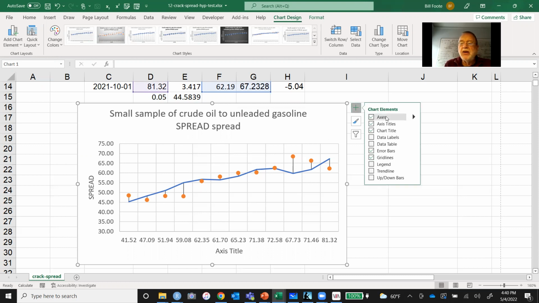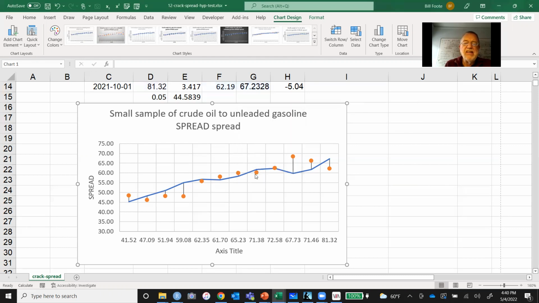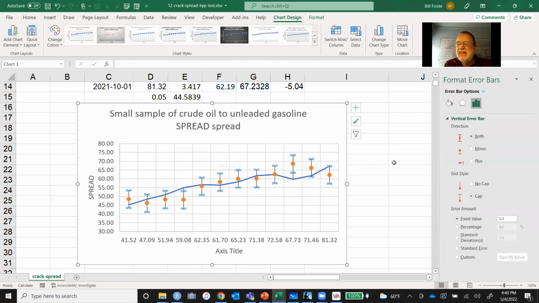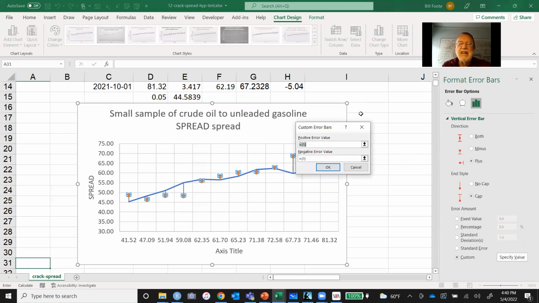And when you go in here, get more options again. We hit this, say okay, that's fine. Choose plus, down to the custom. You can see it's already picking it because it's specified. It's going to specify these deviations.